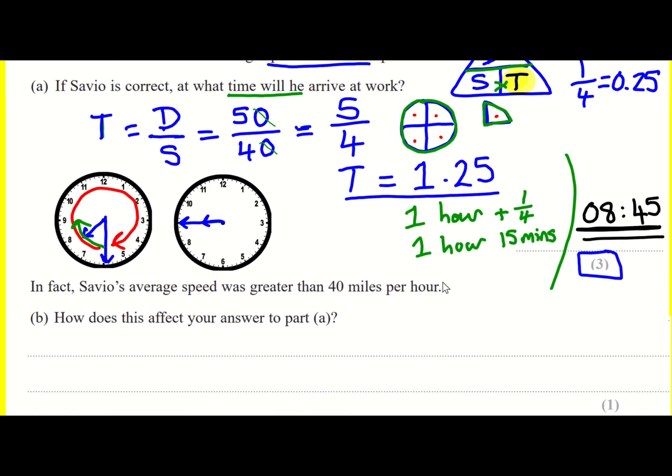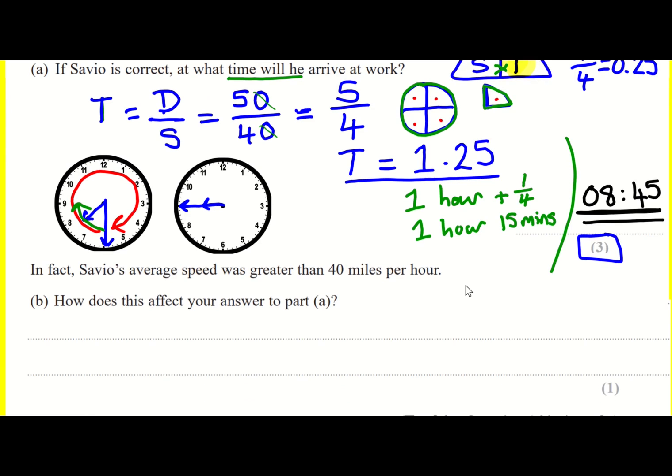The second part says, in fact, Savio's average speed was greater than 40 miles an hour. How does this affect your answer to part A? Well, if he's going quicker, so if his speed was greater than 40 miles an hour, he's going to get to work earlier.